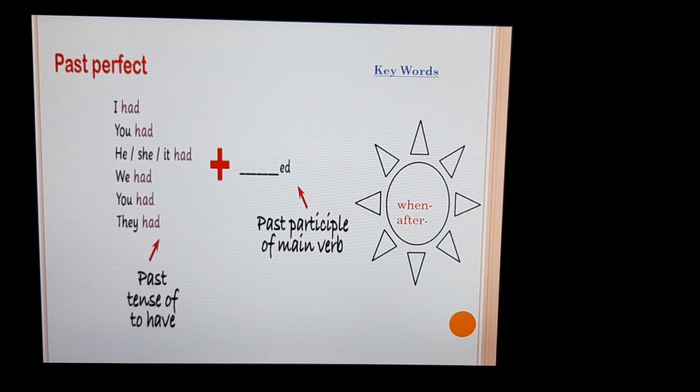So I had, you had, he, she, it had, we had, you had, and they had. Okay, and my verb in the participle. This is for the verb that happens first. The second verb is in the past, which means that I put d, ed, ied, or it's irregular.